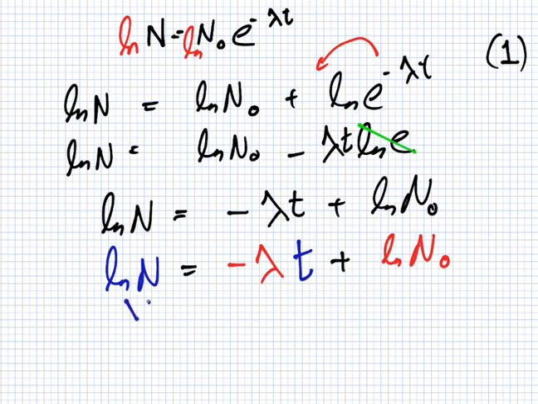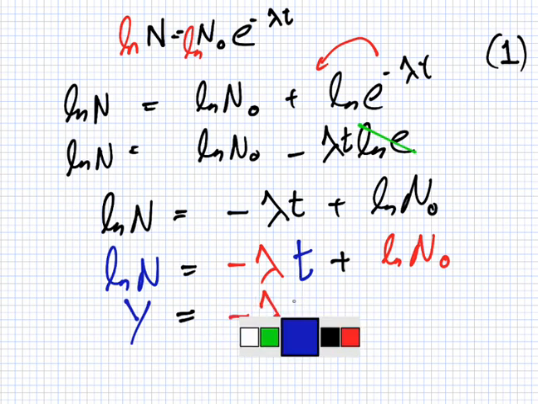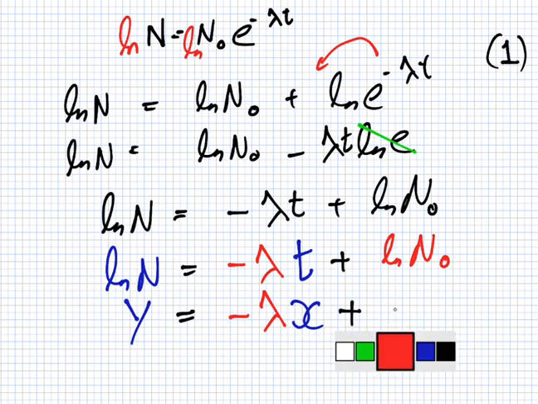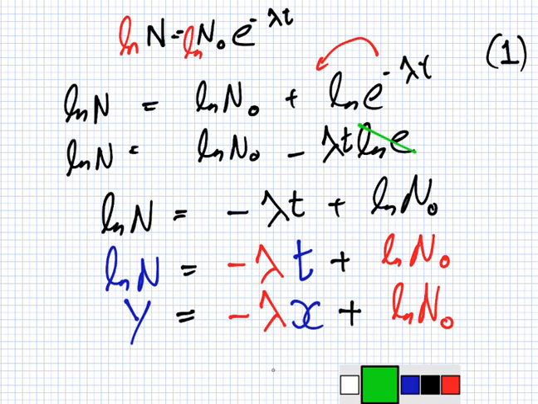Now I want you to compare that to, we put log n on the y-axis, yes? So this is like y equals, now what do we put on the x-axis? The t. Yeah?